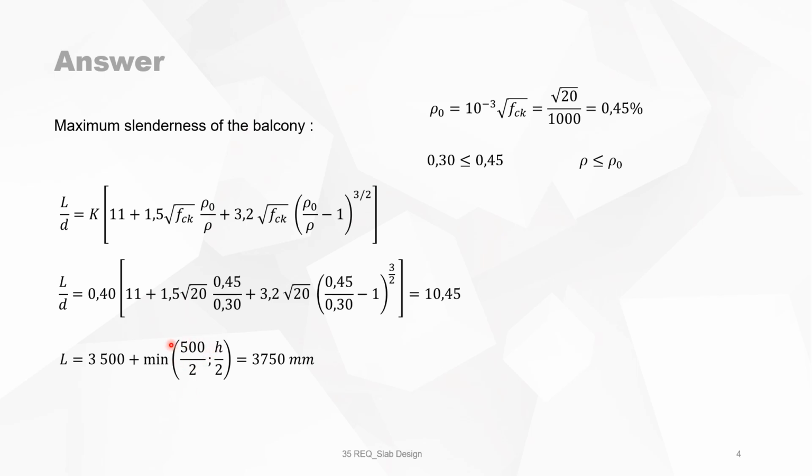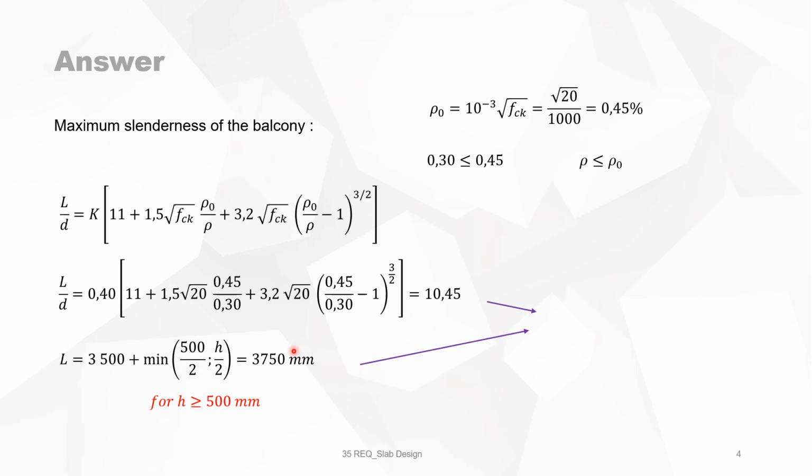The support is 500 millimeters width, but the slab we don't know. So when we only use here the 250, it means in fact that h must be bigger than 500. Otherwise, we have to adapt our span. But to go further with the calculations, we assume that h is bigger than 500.